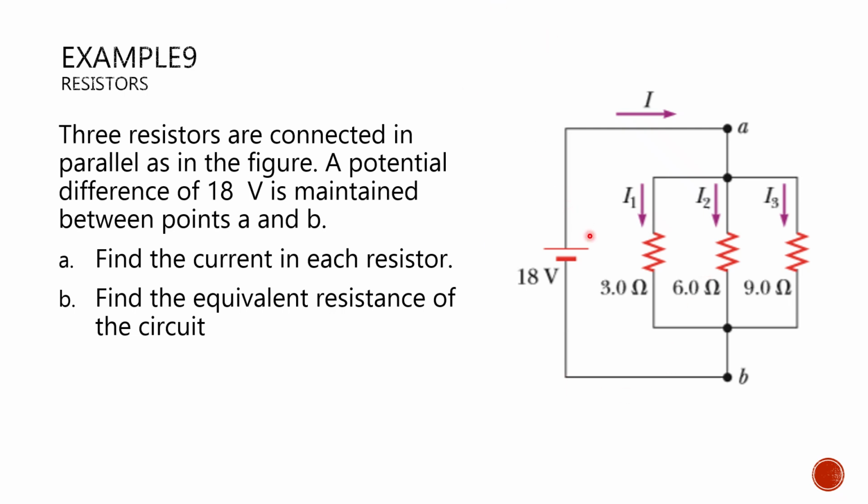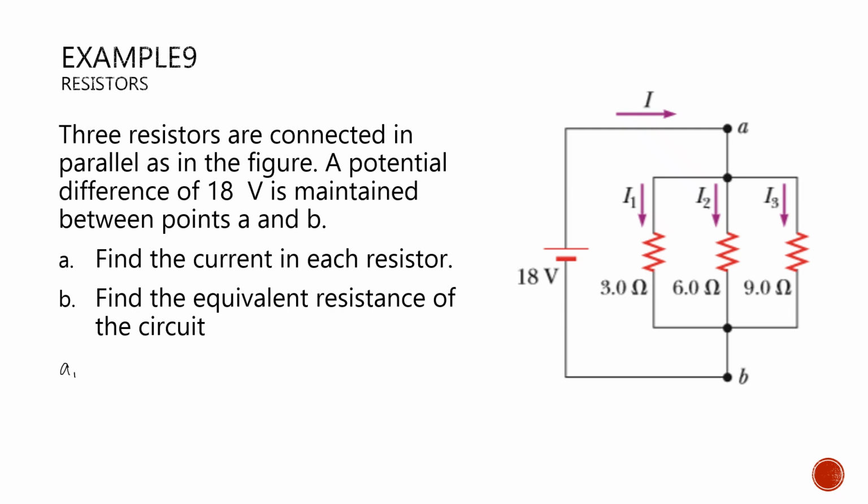So for a parallel connection, the potential difference here is the same as the potential difference here and also here and also here. So we can just divide the potential difference by the resistance value to solve for the individual current. Okay.